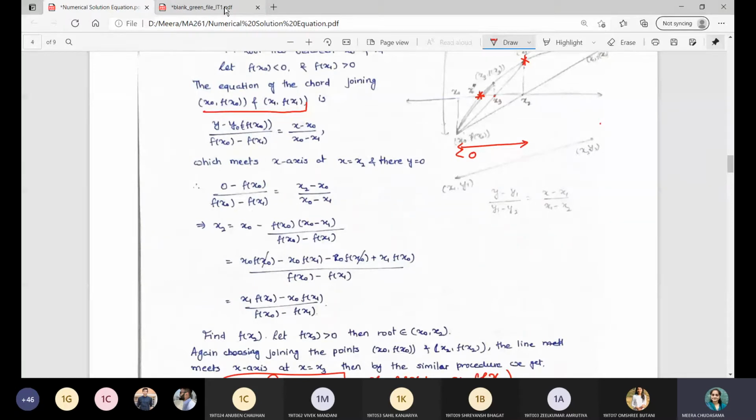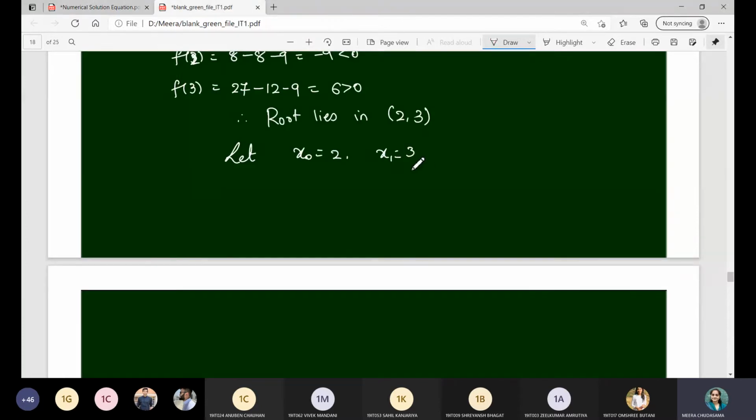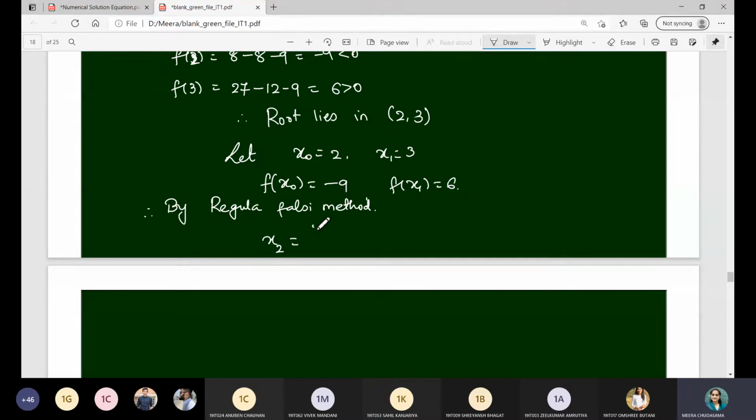So f of x0 we have already evaluated कि f of 2 is minus 9 and f of x1 is 6, right? तो therefore by regula falsi method अब हमें अप्लाई करना पड़ेगा, न्यू इटरेटेड वैल्यू जो है वो फाइंड आउट करना पड़ेगा, right? तो that is the new iterated value, we will denote it with x2. तो how it is given?